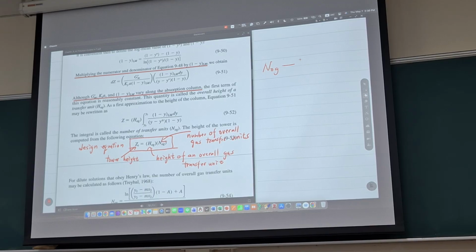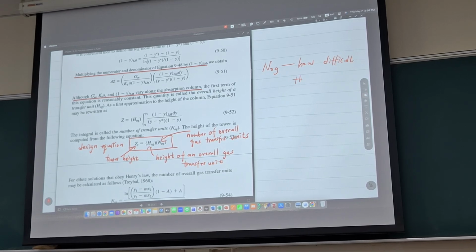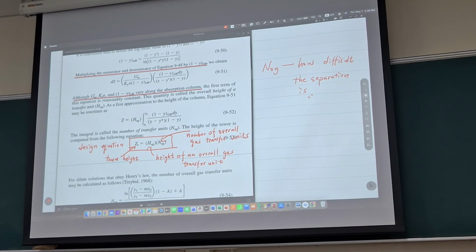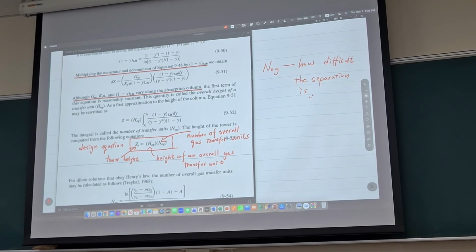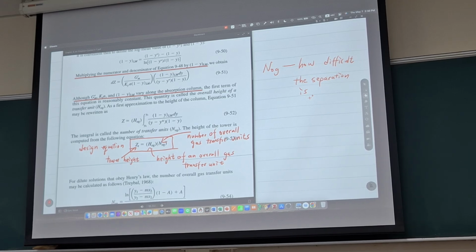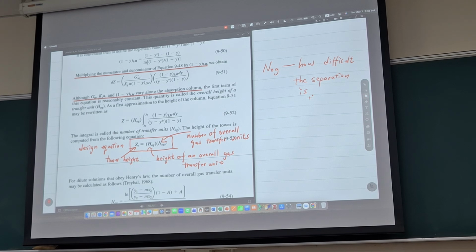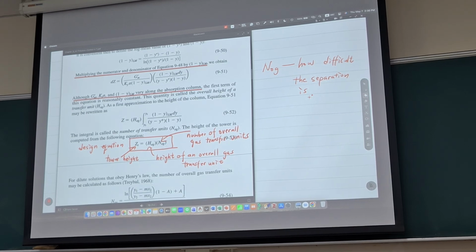This tells us how difficult the separation is. The physical meaning of NOG tells us how difficult the separation is.